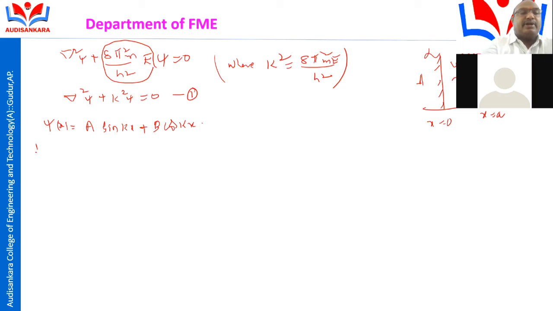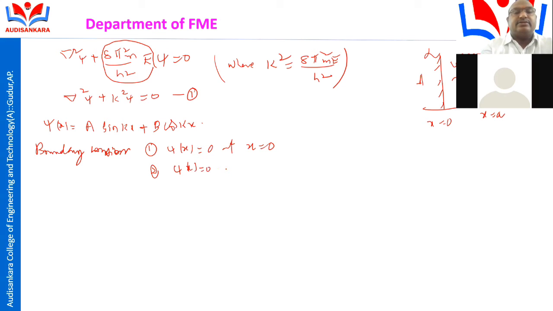The first boundary condition: psi of x is equal to 0 at x is equal to 0. And the second boundary condition: psi of x is equal to 0 at x is equal to a.